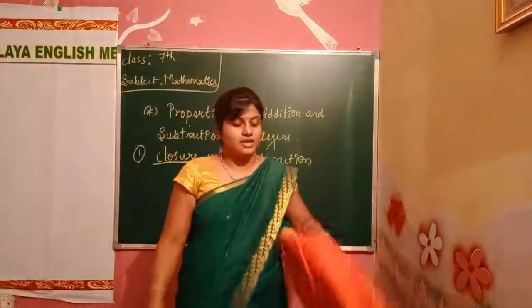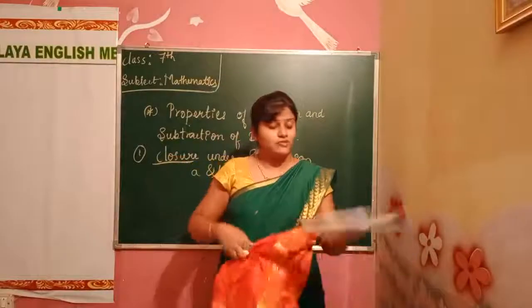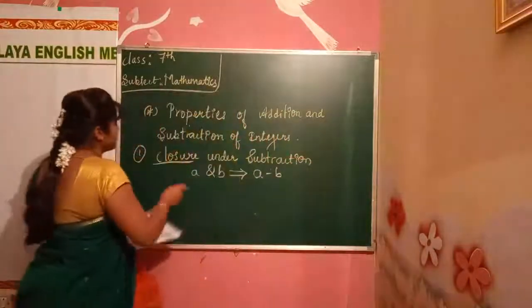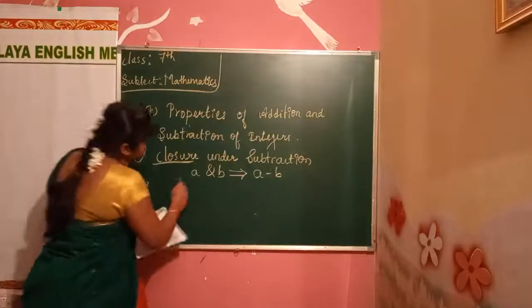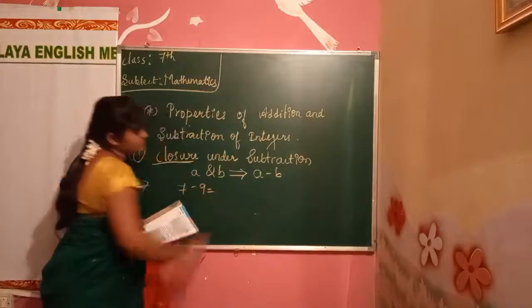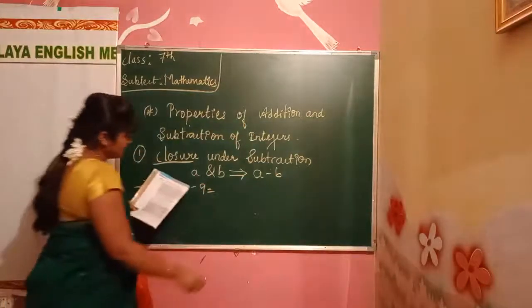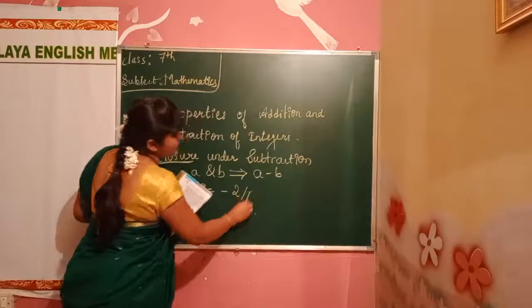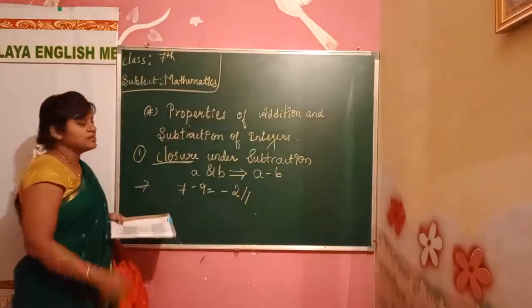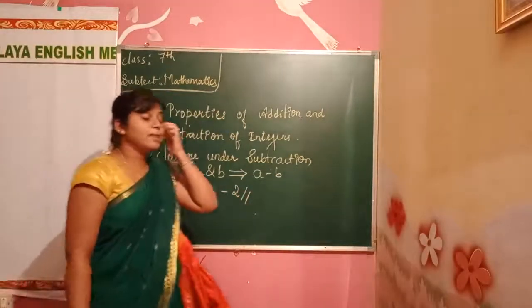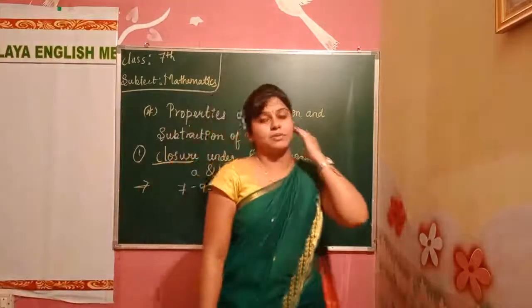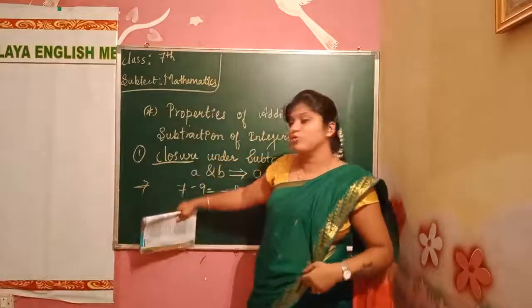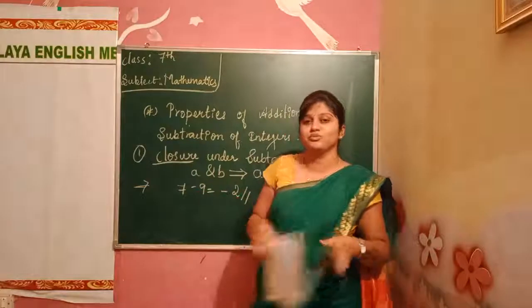For example, 7 minus 9. What we get is minus 2. Why are we writing minus here? Because we are subtracting a bigger number from a smaller number, so we write minus 2.